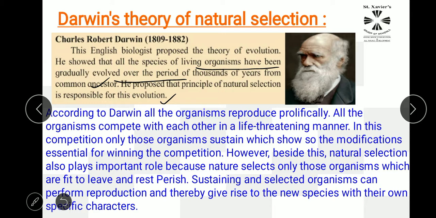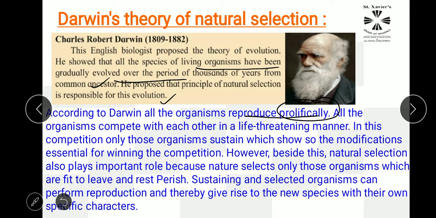According to Darwin, all the organisms reproduce prolifically. Prolifically means by the formation of embryos, by giving birth to, that means by the production of other organisms, by the formation of the young ones, the new generation. All the organisms compete with each other in a life threatening manner.